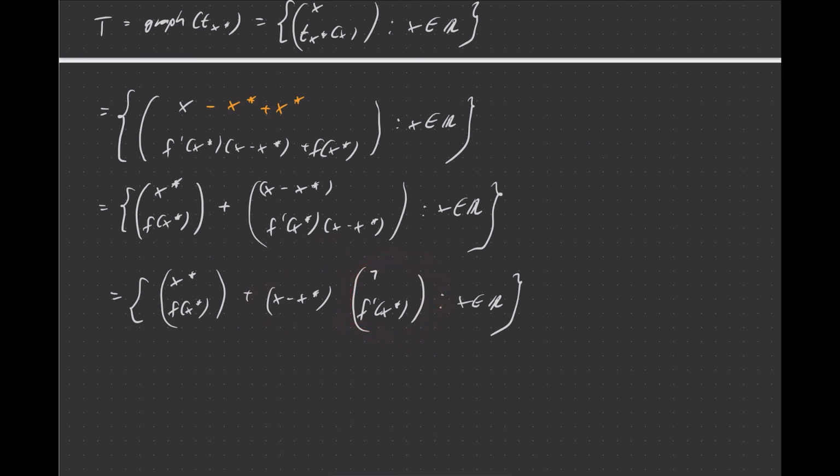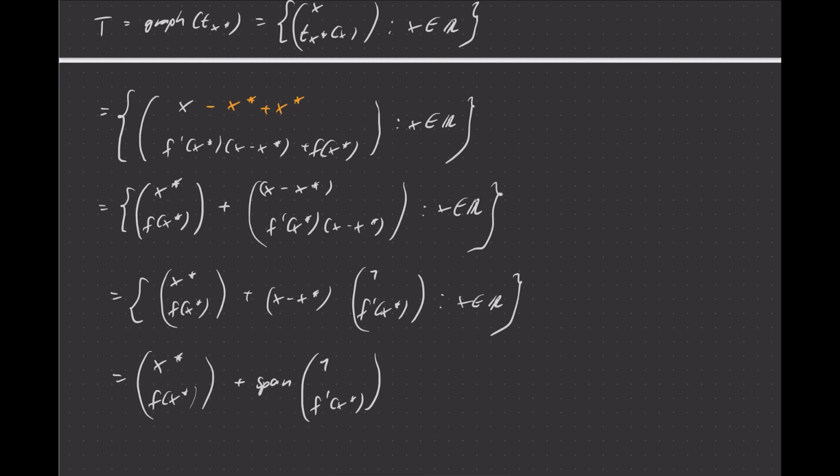So we can write it in the alternative form, where we keep that translation here outside of the set. So that is the translation vector. And then we just add the span of this vector 1 and f prime of x star. And that is, of course, the classical form of writing an affine subspace.